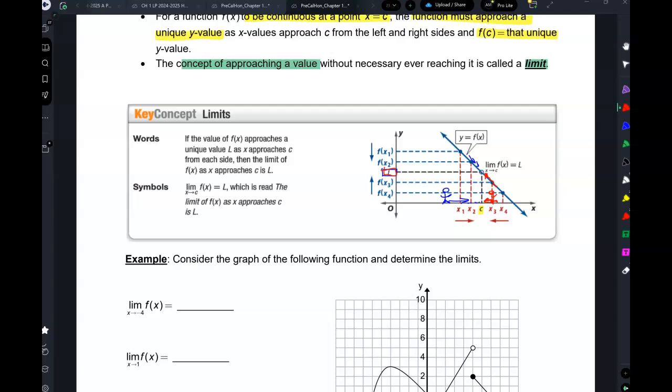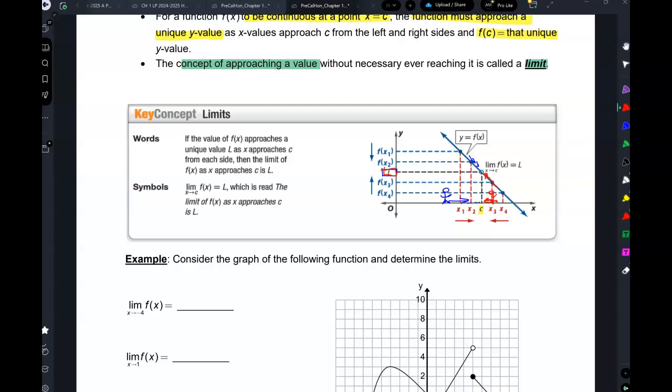Okay? Now, in this entire discussion, did we ever ask what is the value of C? What is the value of the graph at C? Did we ever ask that? No. Nor do we ever care, because the intent here is just to see where is the graph approaching vertically from the left and from the right.